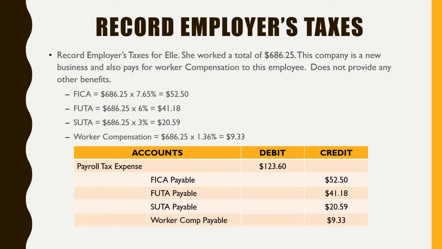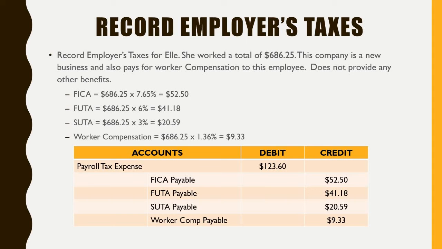So if L earned 45 hours at $15.25 per hour, right? We have Social Security at 6.2% and Medicare at 1.45%, which we have already calculated to be $52.50.